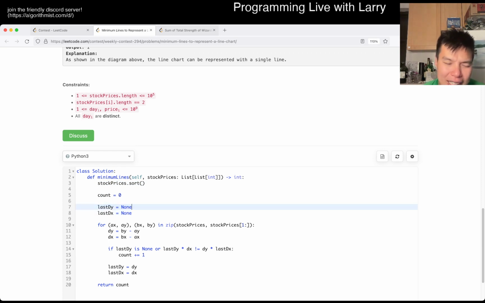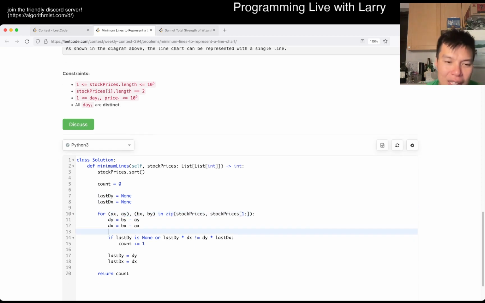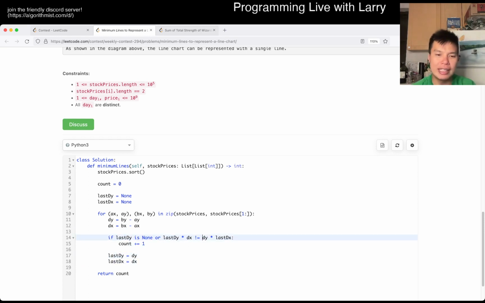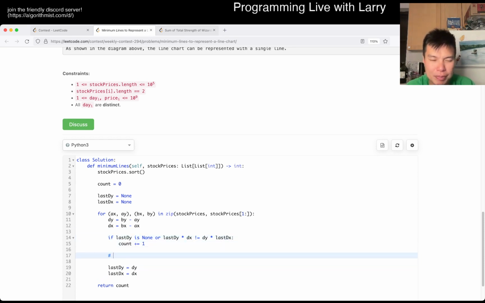And then here we get the dy dx by looking at adjacent points on the graph. If we haven't done one before, or if this condition is true, then we increment and update the slope. For this formula, to check if the slopes are the same, you just check last dy over last dx equals dy over dx.